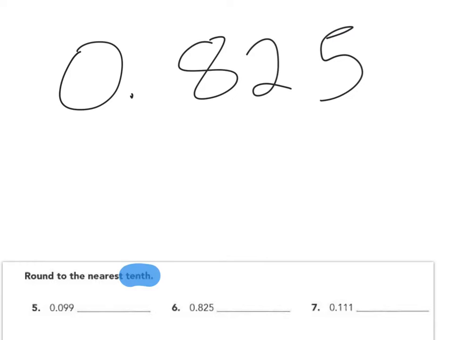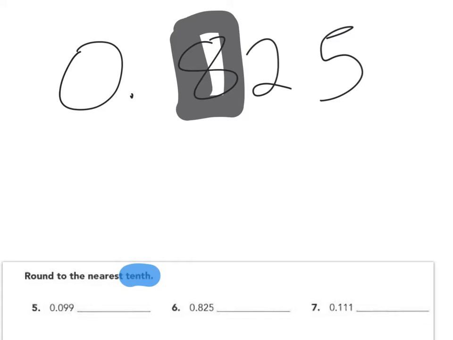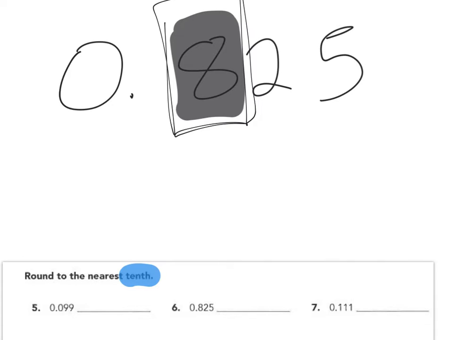Okay, so if you did this problem correctly, what you started by doing is highlighting the tenths place. So I highlight my 8, and I also go ahead and box it, because that is my transformation box. It's what is going to be changing. Looking to the right of that number, there's a 2. So following my rule of 4 or less, let it rest, I'm going to let that 8 rest, and it's going to remain the same.